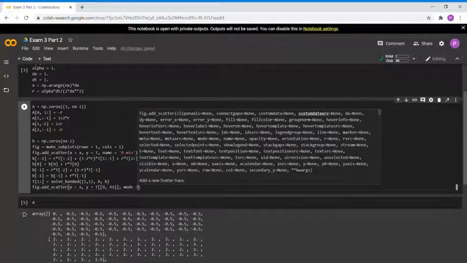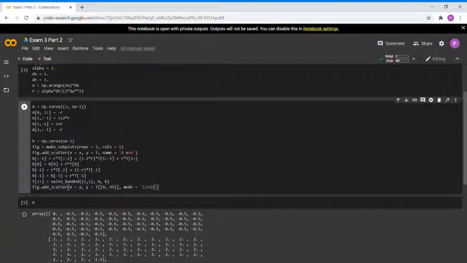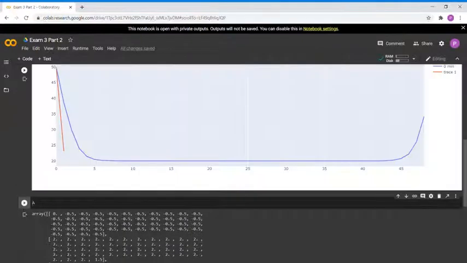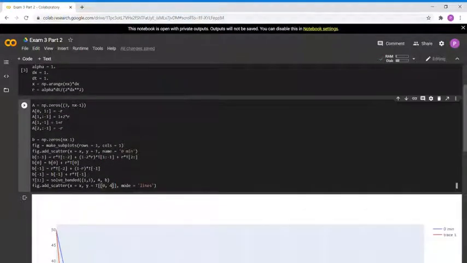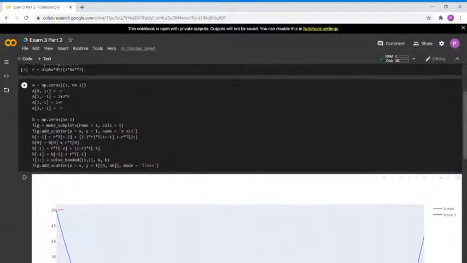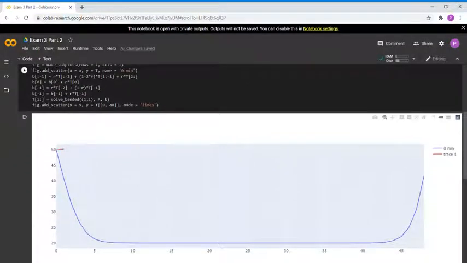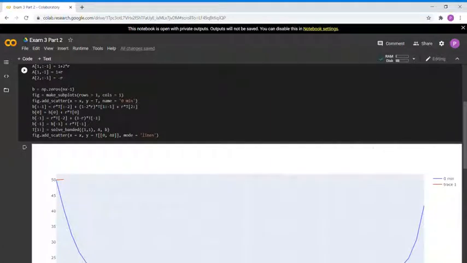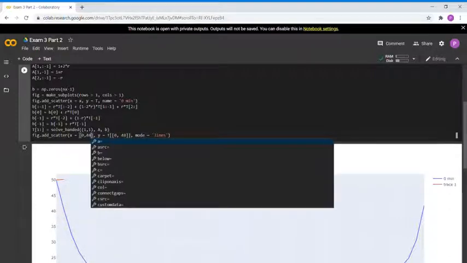Mode equals lines. Oh, actually no, 48. I think this is not correct. X. Oh, 0 and 48 also.